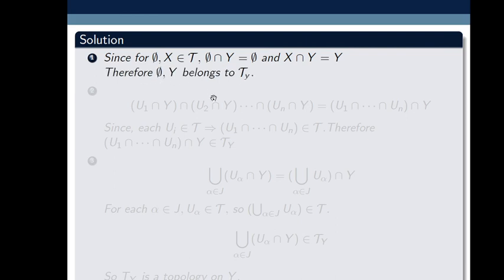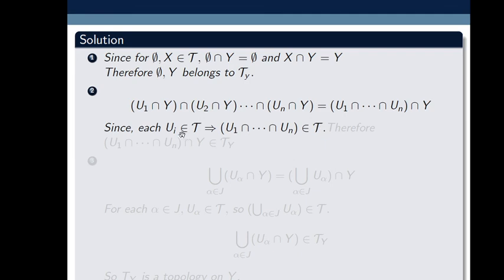Now the second condition, finite intersection. Let u1 intersection y, u2 intersection y, up to un intersection y be elements of tau Y. If I take the finite intersection, u1 intersection y intersection u2 intersection y and so on up to un intersection y, it can be written as u1 intersection u2 intersection up to un, intersected with y.